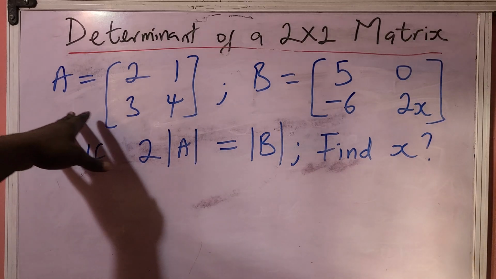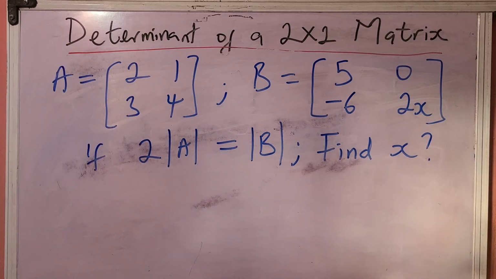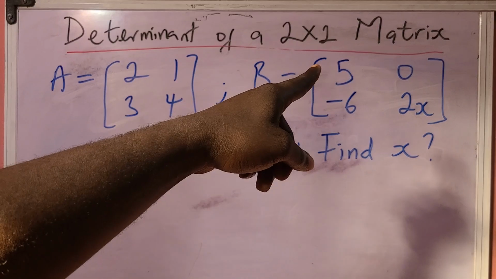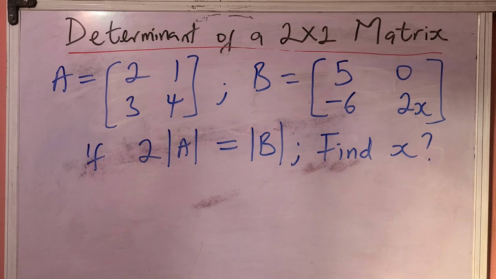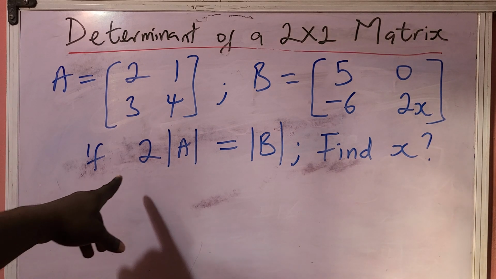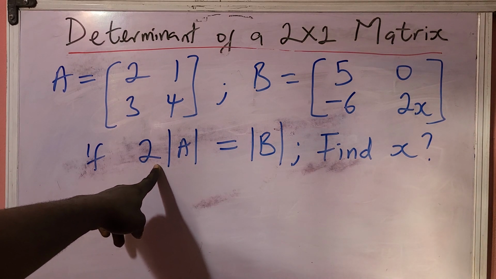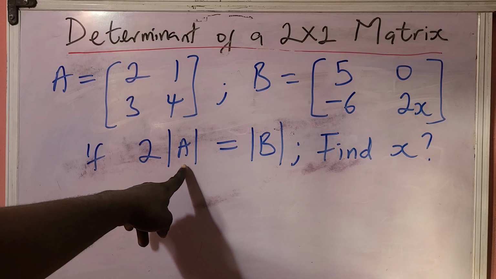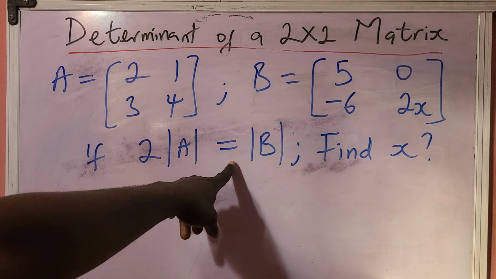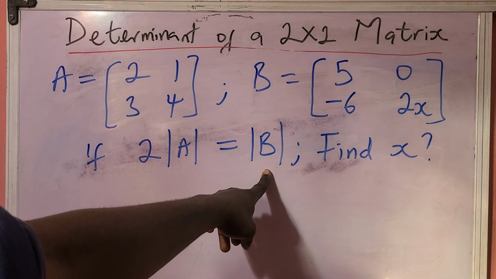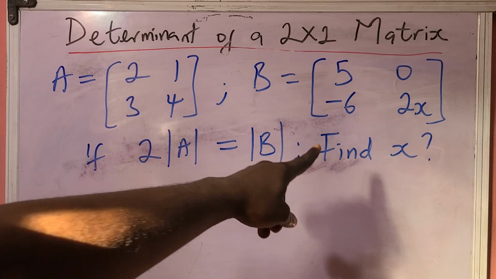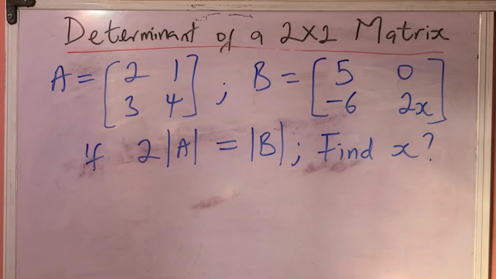You're told that a matrix A is given as this, and matrix B is given as what you have right there. Then this is the condition that was set. You're told that 2 times the determinant of A is equal to the determinant of B. Then you are told to find the value for x.